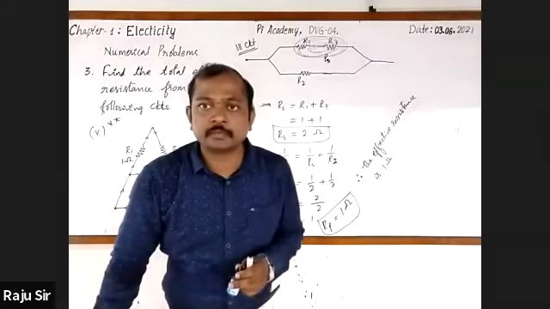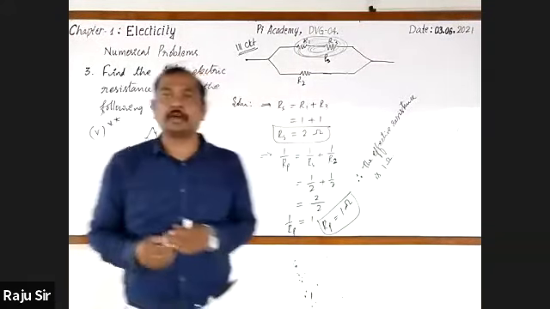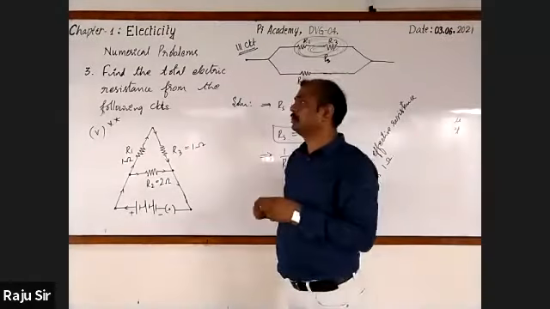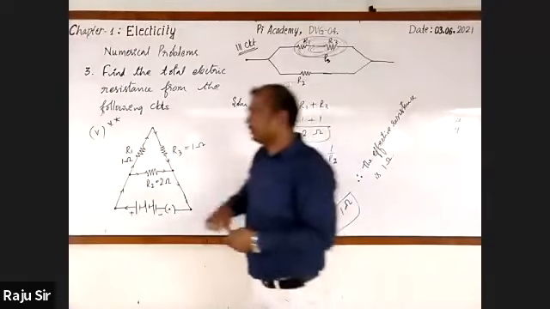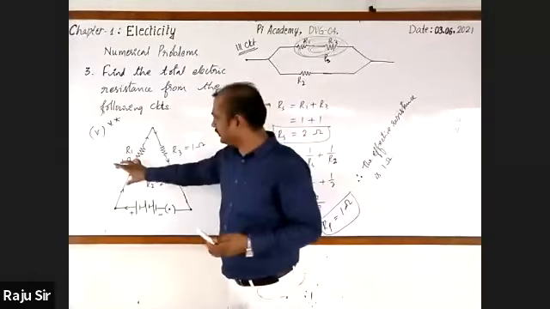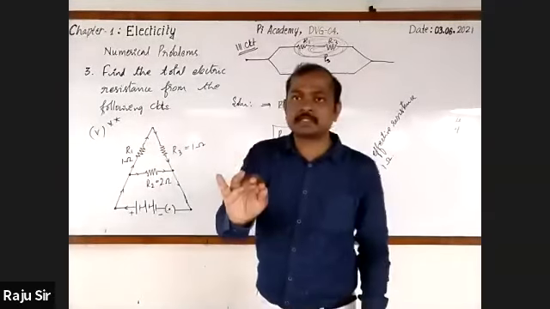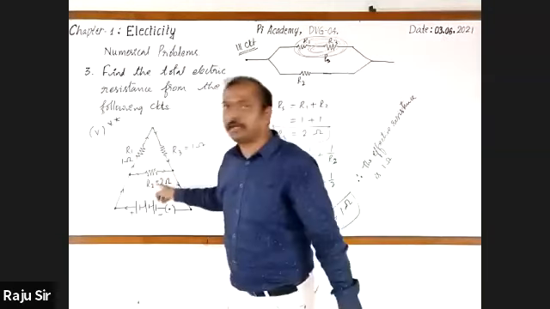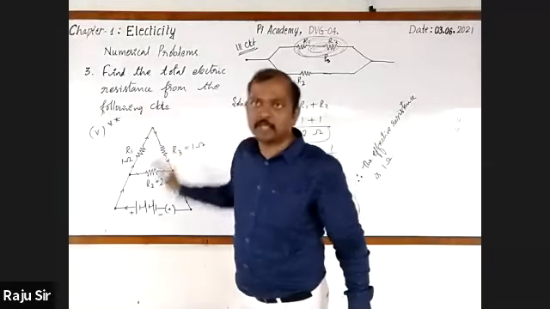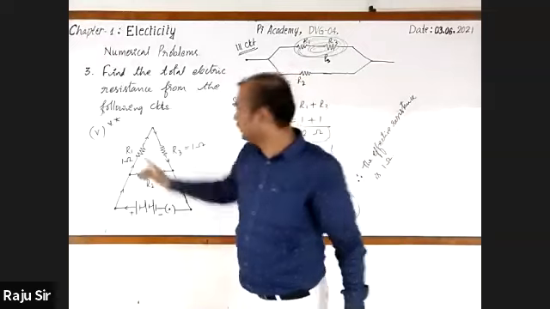Can you explain the similar circuit part? Yes, students, see that when the current is flowing, if it is distributed to 2 or more, any number of resistors, those resistors will be in parallel. If they recombine also, they will be in parallel.